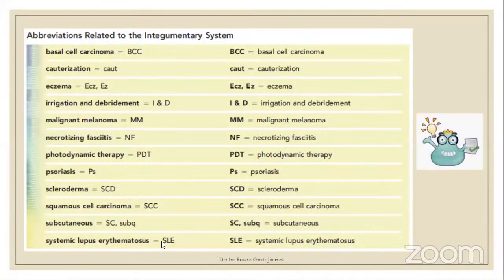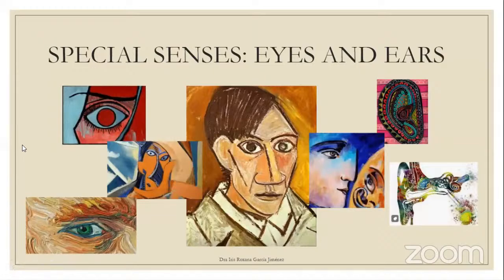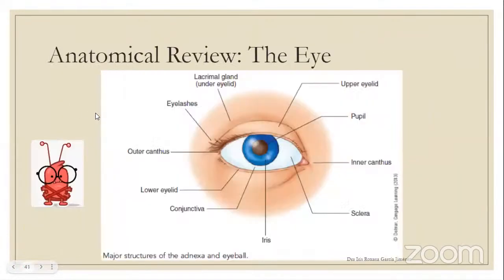Now, abbreviations again, practice on them. As you can see, I'm sending some during the homework files, but now we are going to receive some more. They are necessary to check and review. And now let's check special senses, eyes and ears. We got again anatomical reviews.